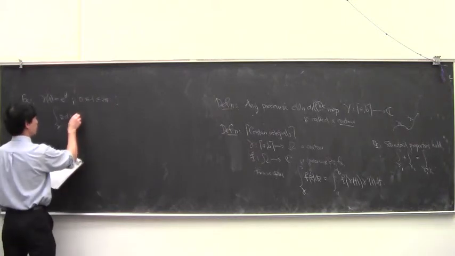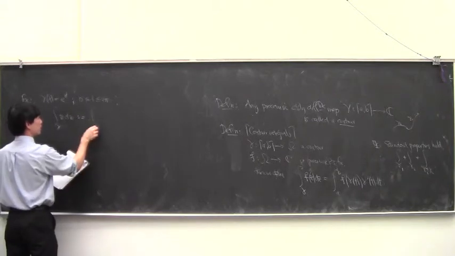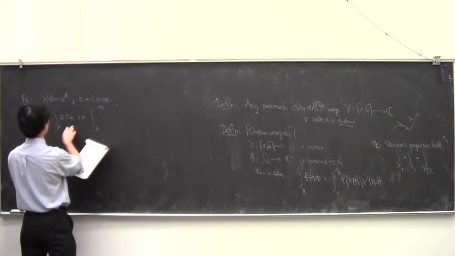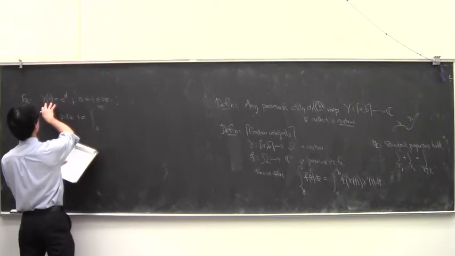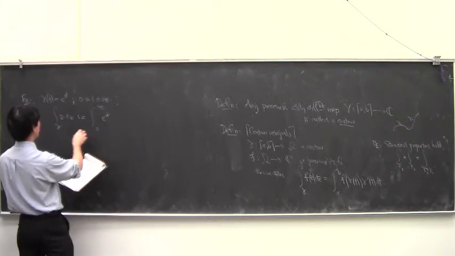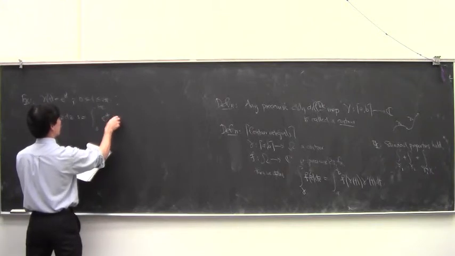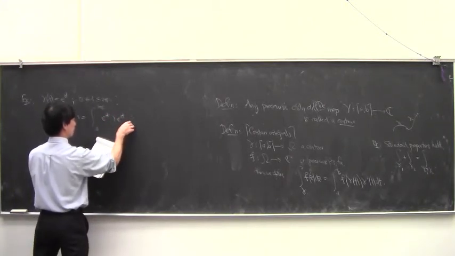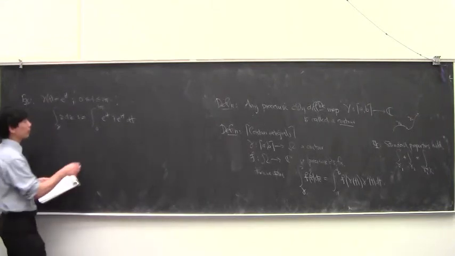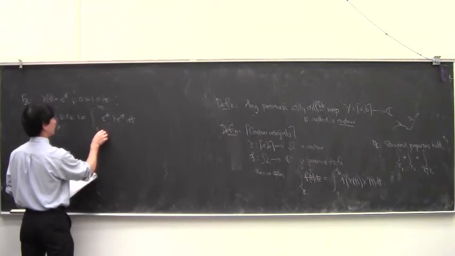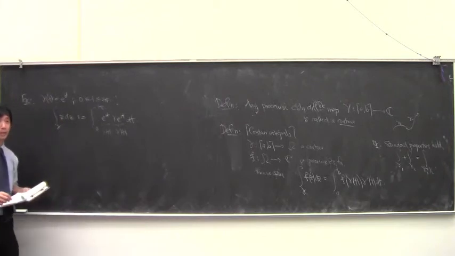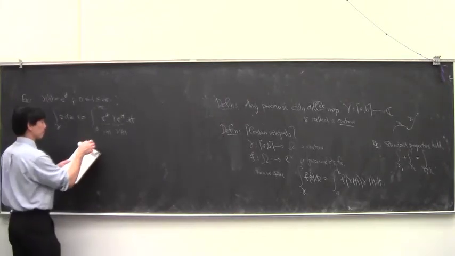Well, by definition, that's the integral from 0 to 2 pi of z evaluated at e to the it, and then we have the derivative of gamma, which is i e to the it dt.